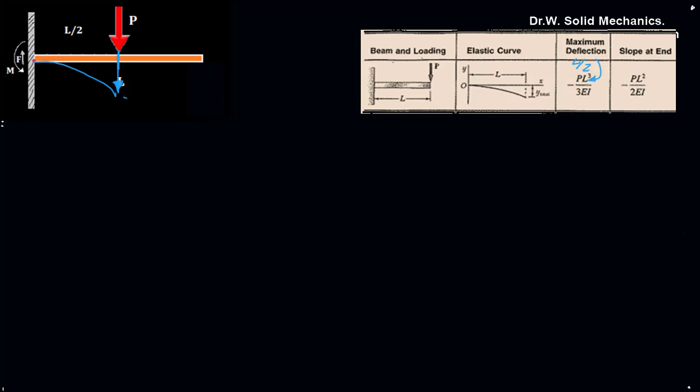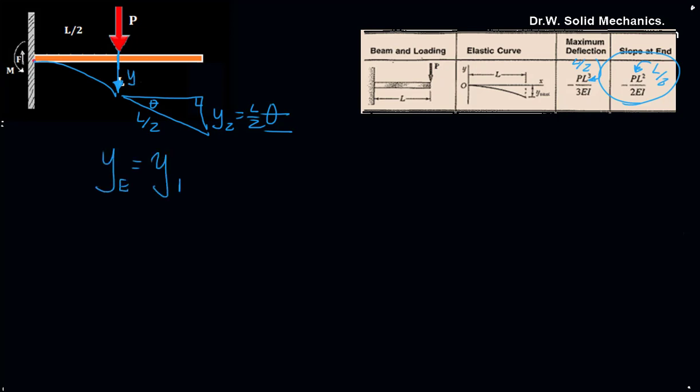And the remaining portion we would treat as sticking out straight with L on 2 and theta, and this y would then be L on 2 times theta, where theta will be calculated from this formula using L on 2 in here as well. We could find the total deflection y at the end as y1, this deflection here, plus y2.